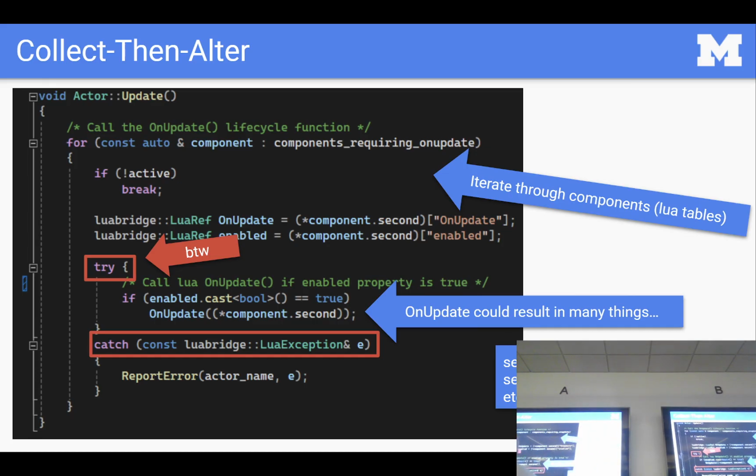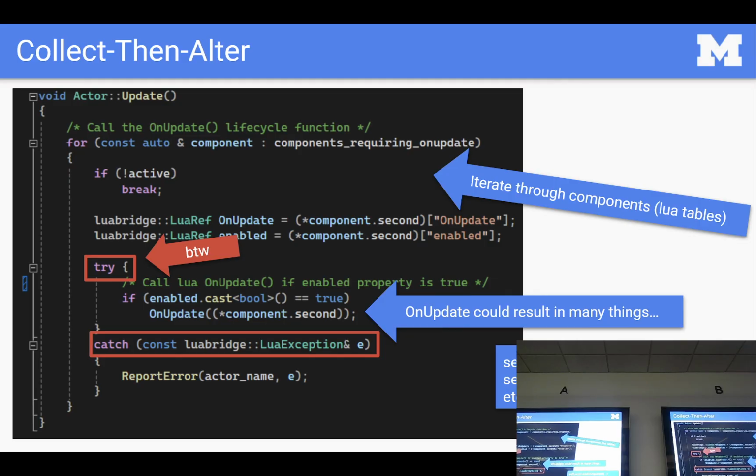Another interesting thing here, you see this try-catch statement right here? You do not control this Lua code. This right here is the moment where we transition from your game engine code that you wrote, that you can fix, that you can control, into the user's stinky, nasty, buggy code, okay?